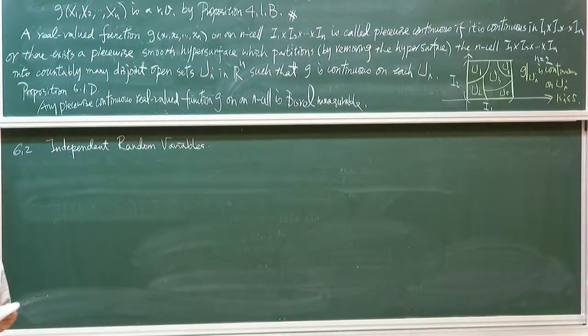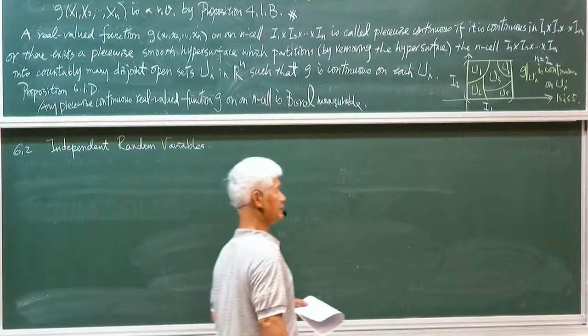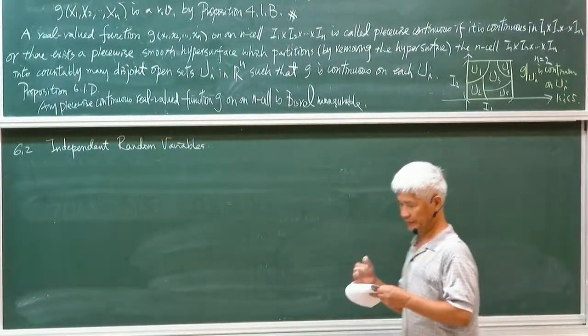And so again, we define independence among random variables starting from just two random variables.